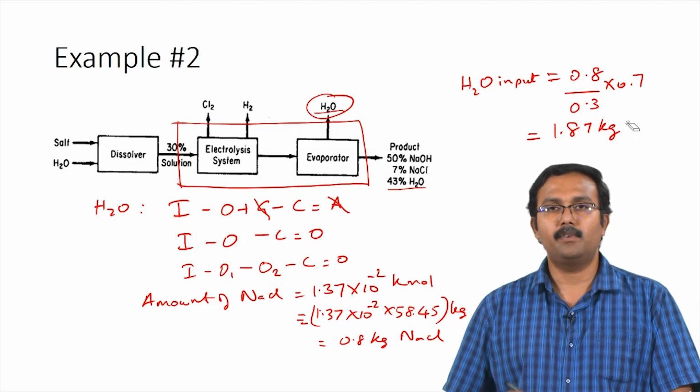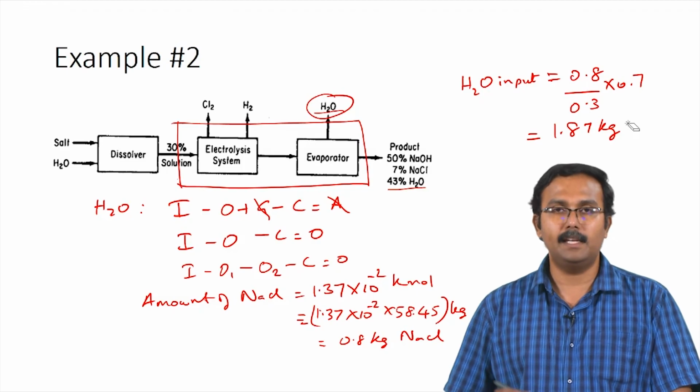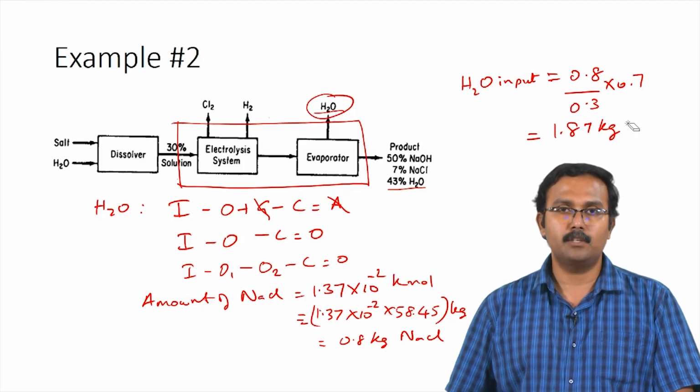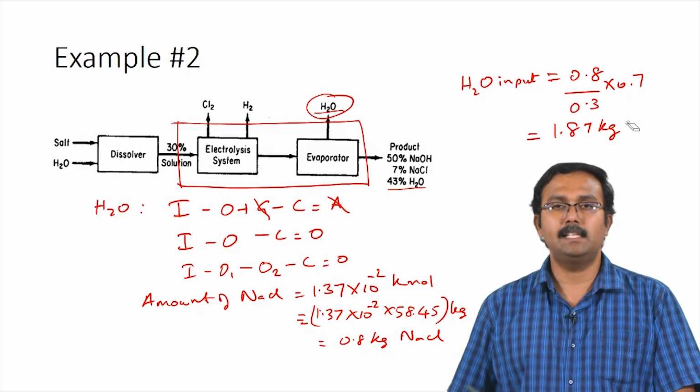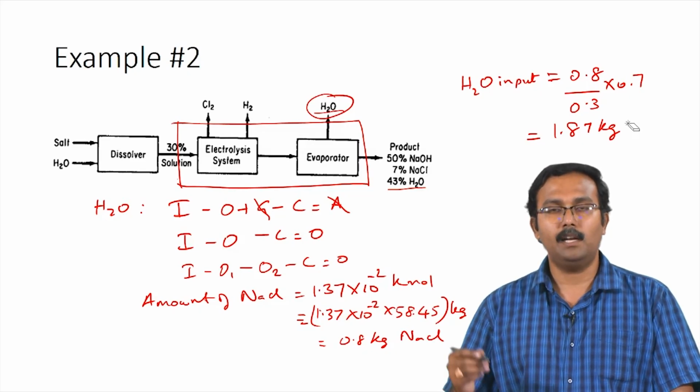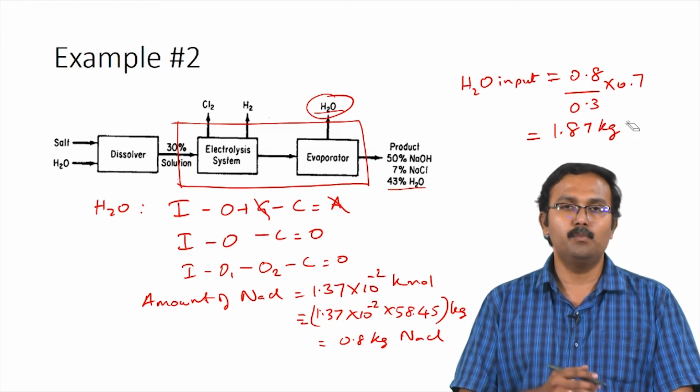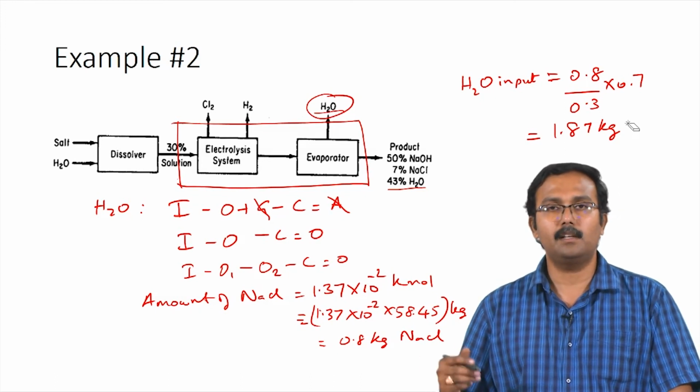We now need to identify how much water has been consumed by the reaction. If you look at the reaction stoichiometry, you would identify that for every mole of NaCl reacted, 1 mole of water has also reacted. So, it is given as 2 moles of NaCl plus 2 moles of water reacting.